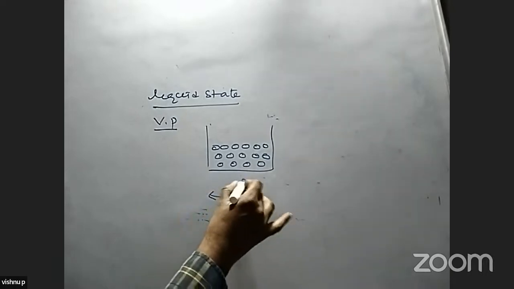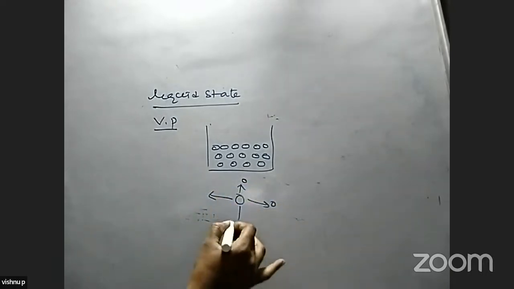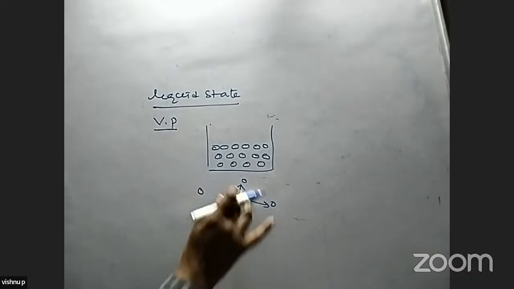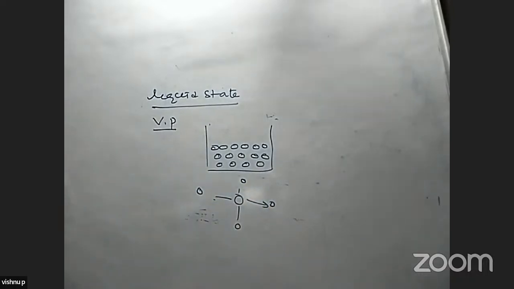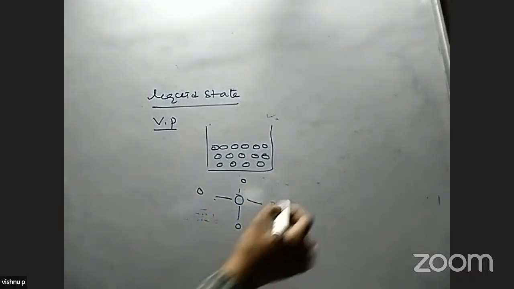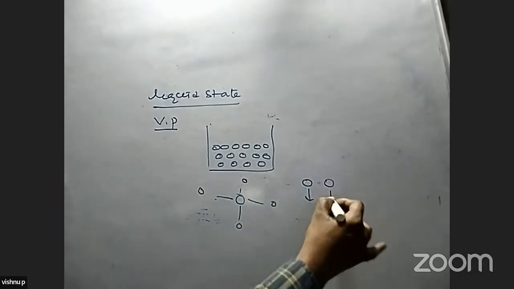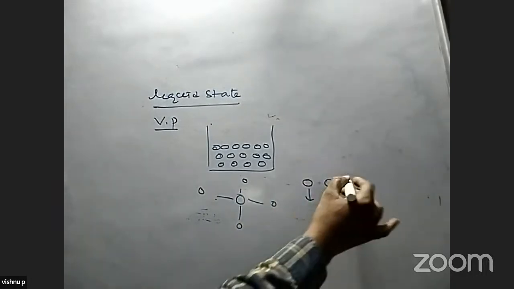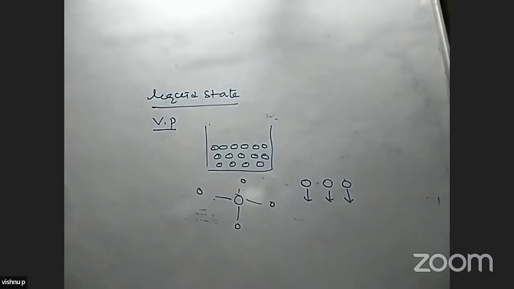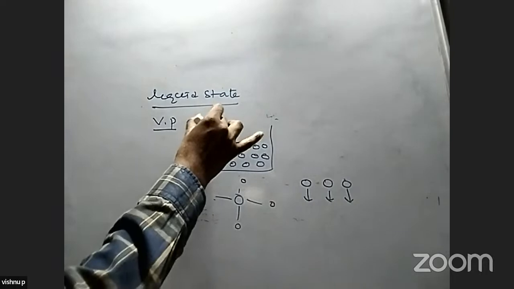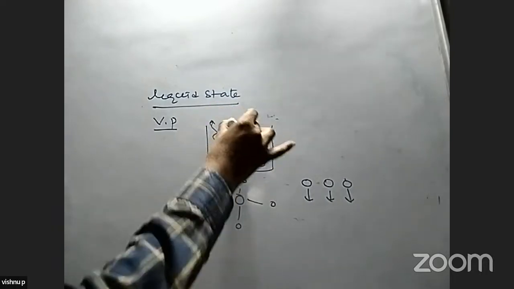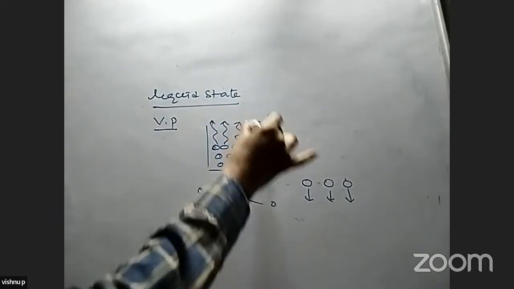A bulk molecule is equally attracted on all sides by other molecules. But a surface molecule is attracted from one side only, which means surface molecules have more energy. When temperature is given, a surface molecule is converted into the vapor state.